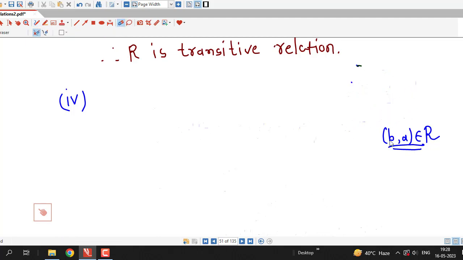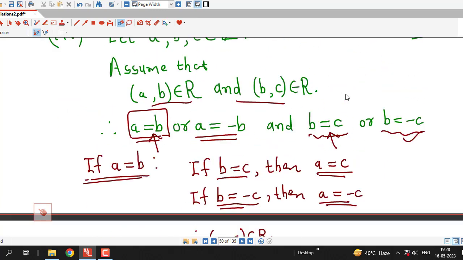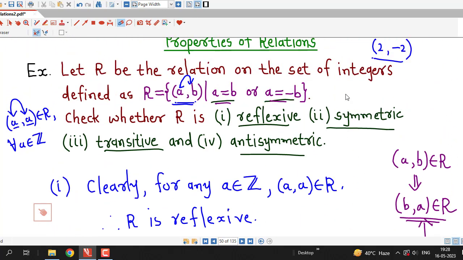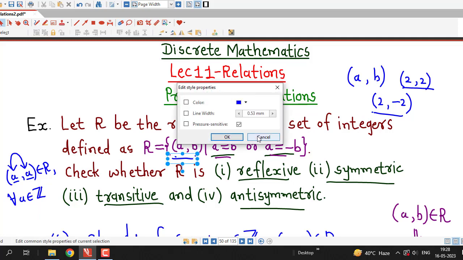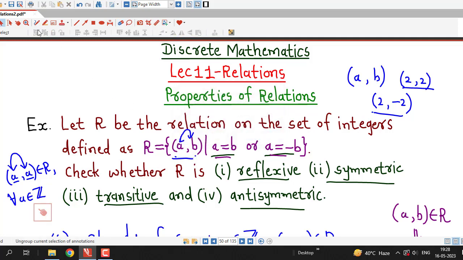So we can always find those two elements here. You can see that our relation contains those type of ordered pairs for which either A equal to B or A equal to minus B.